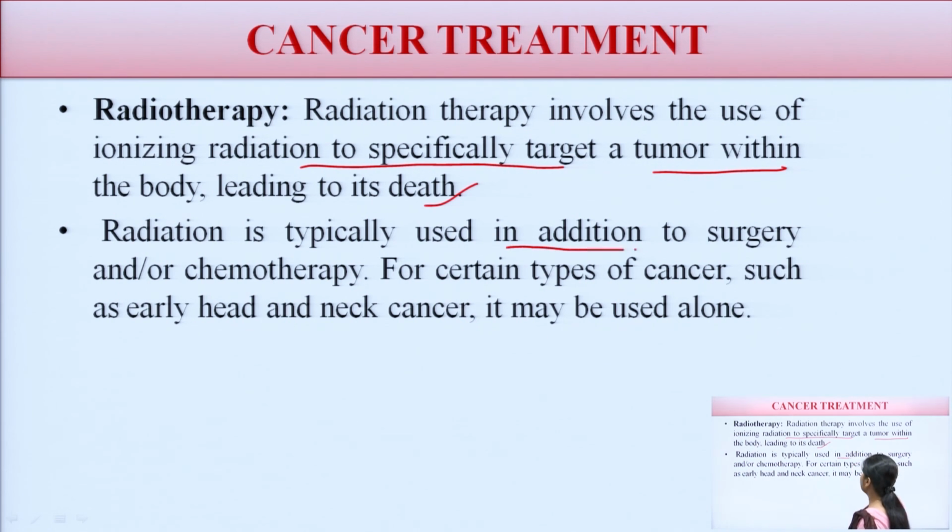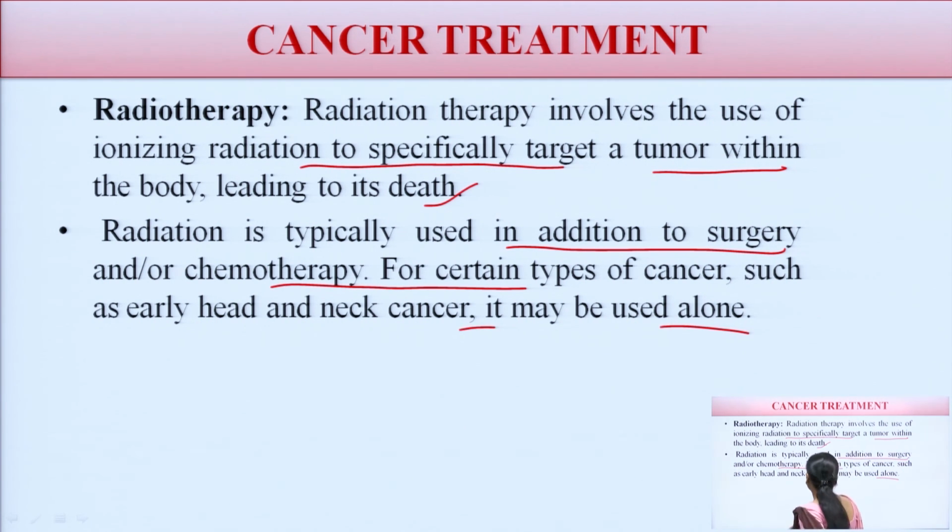Radiation is typically used in addition to surgery or chemotherapy for certain types of cancer such as head and neck cancer, and may be used alone. So, chemotherapy and radiation are the treatments most commonly used for cancer.